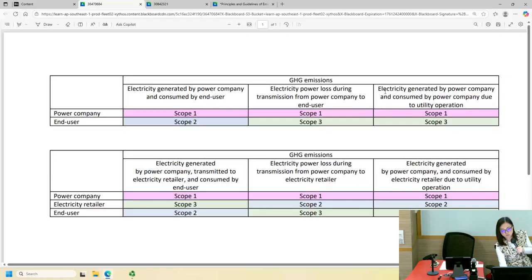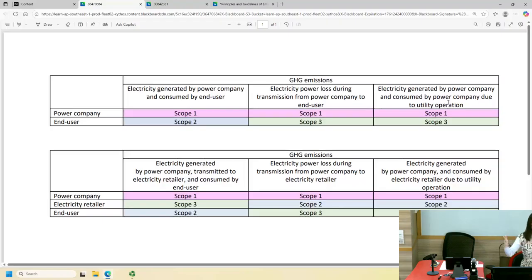And there may also be electricity generated by the power company and also consumed by the power company due to the utility operation. So there would be some energy consumption due to the operation of the power plant.